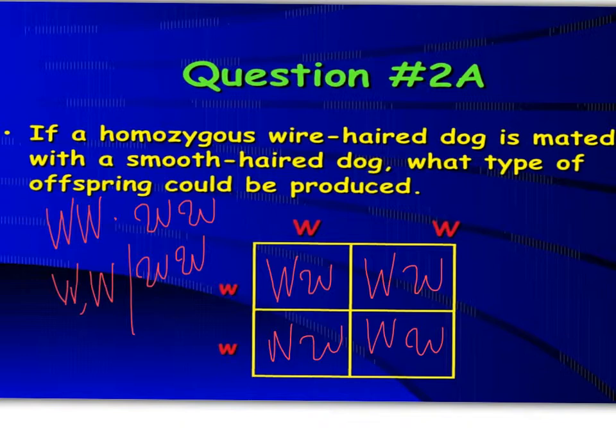When I do this, I notice that I've got a heterozygous wire hair, heterozygous wire hair, heterozygous wire hair, heterozygous wire hair. So all of these would be wire-haired pups.